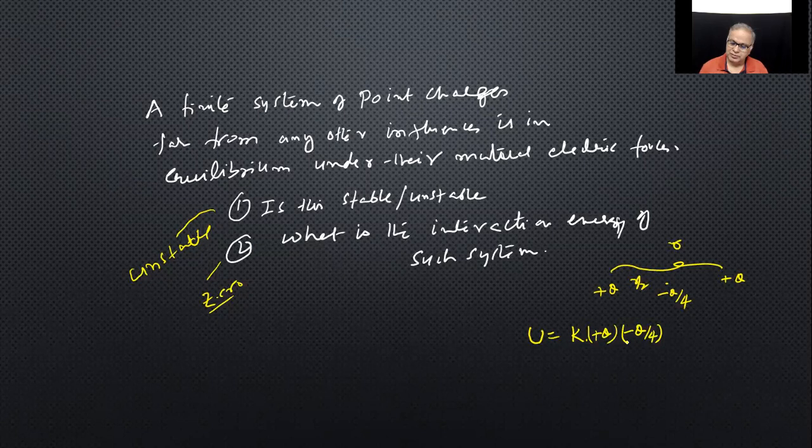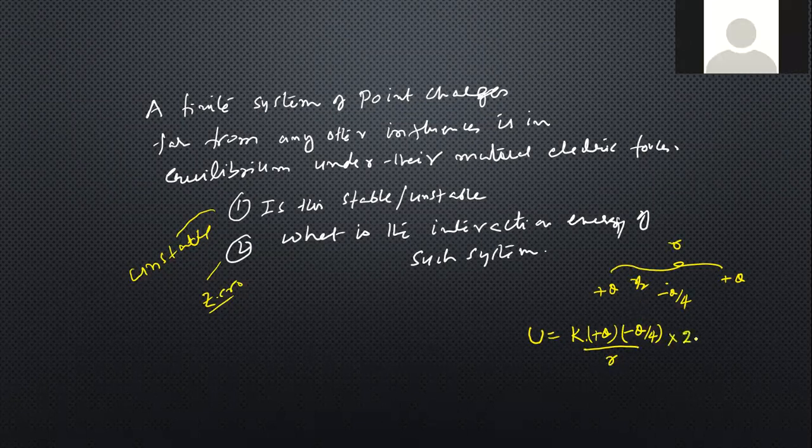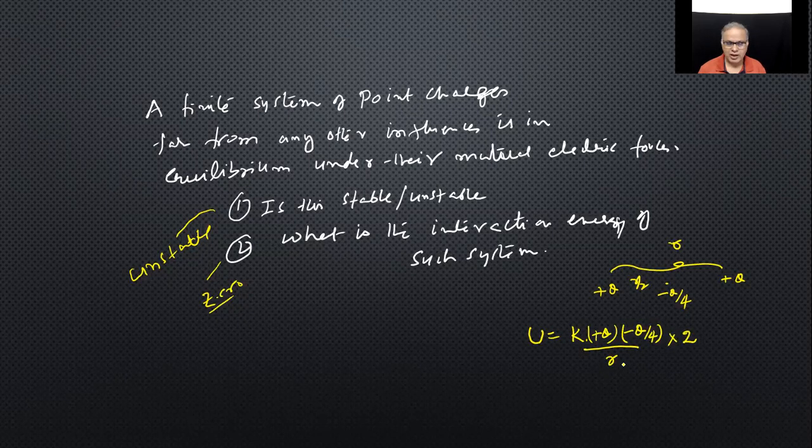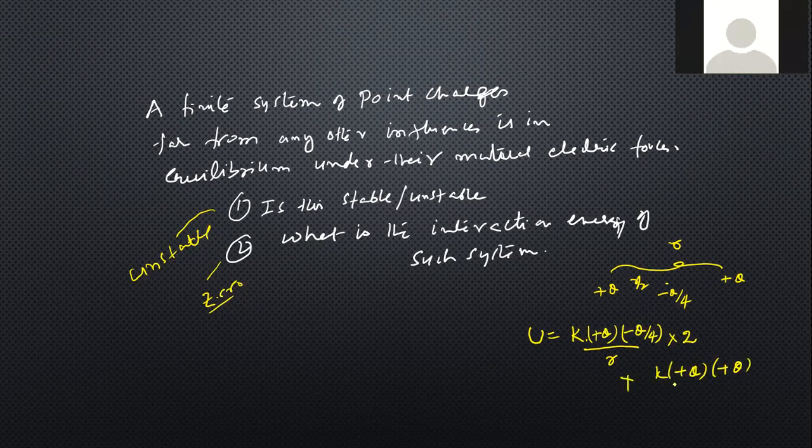By R by 2. K Q1 Q2 by R, that's all. Like minus G m1 m2 by R in gravitation. Plus K into plus Q into plus Q by R. So this is over.